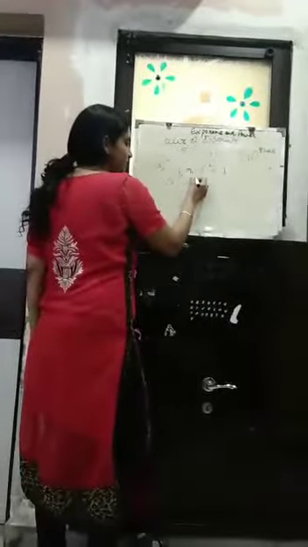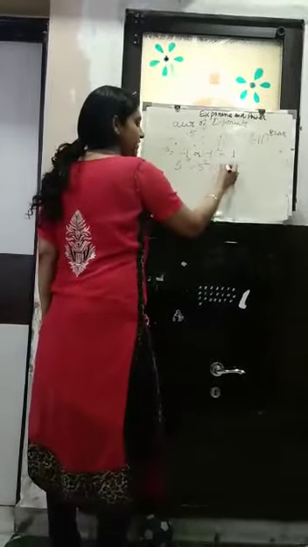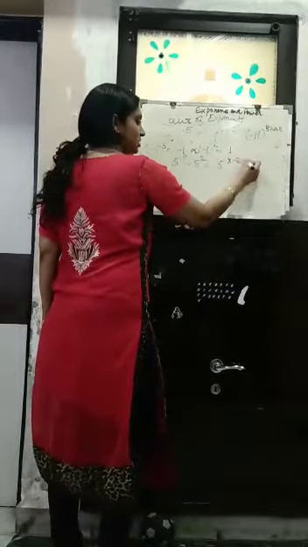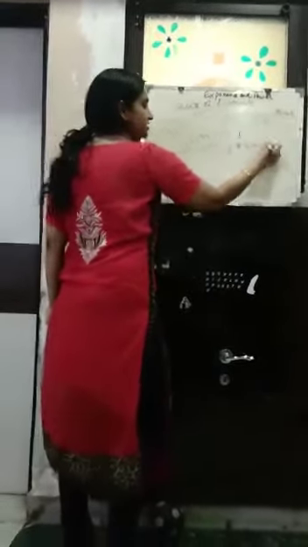Minus 1. And when the power is even, it will become plus 1. So its answer will be minus 11 raised to power 5 plus 3, which is equal to 8. Or do 5 raised to power 8 divided by 5 raised to power 2, which is equal to 5 raised to power 8 minus 2, which is 5 raised to power 6.